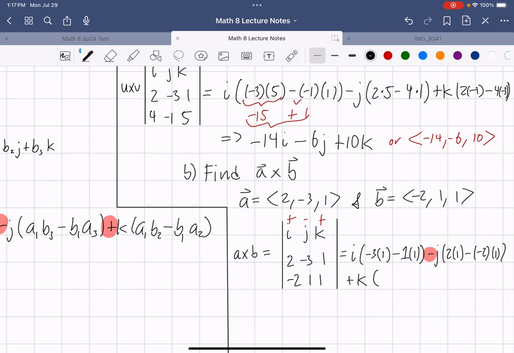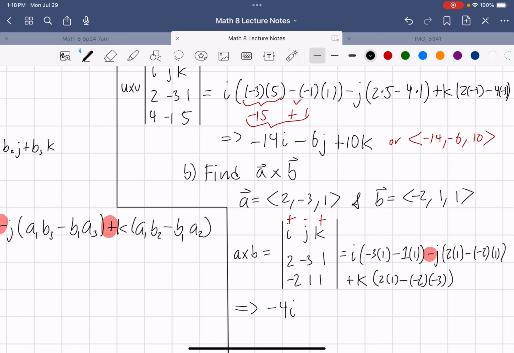Now going back to k, last column is going to be 2 times 1 minus negative 2 times negative 3. And then that's going to give us negative 4i.